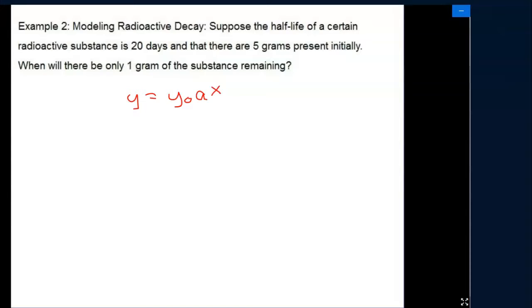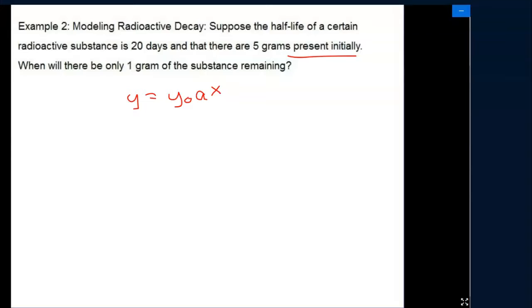So go back and kind of think about, what does the word present initially mean? Something is initially present. What does that tell you? Yeah, go ahead, Brooke. Yeah, it's how much is there at the very beginning. Good.